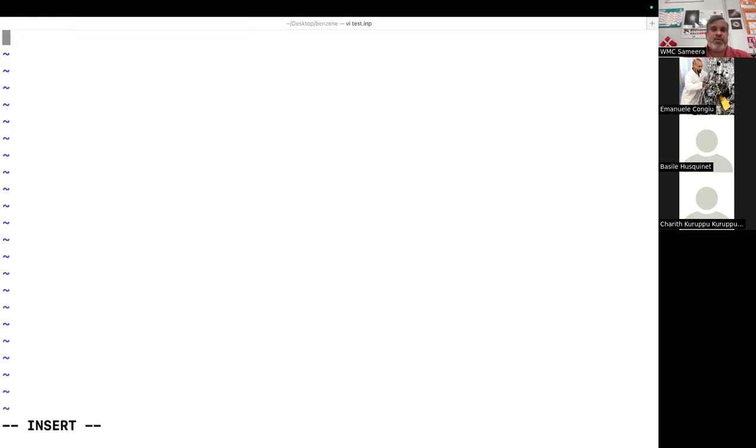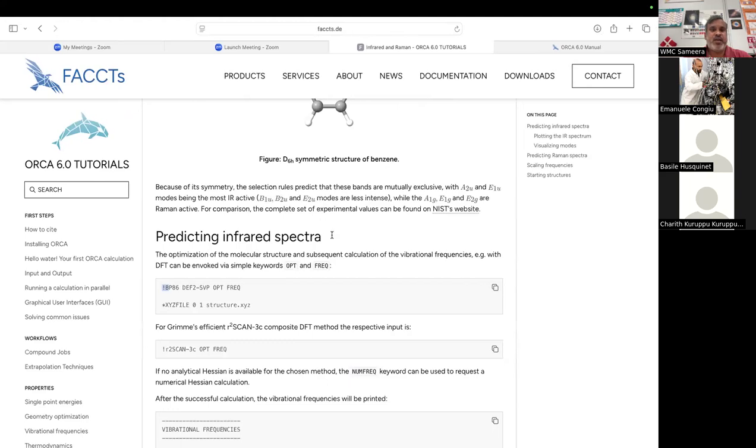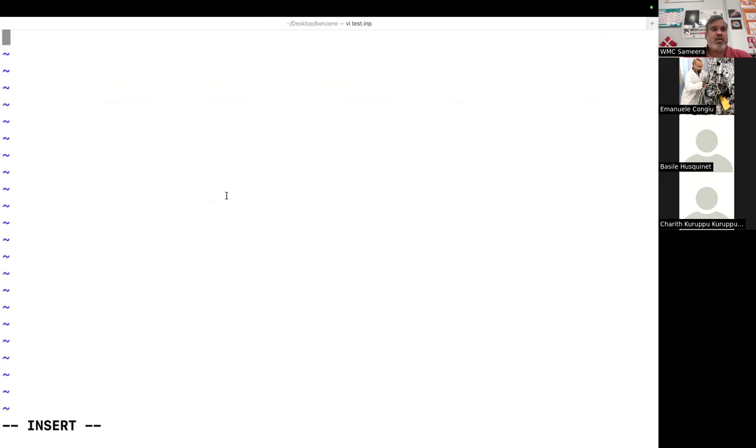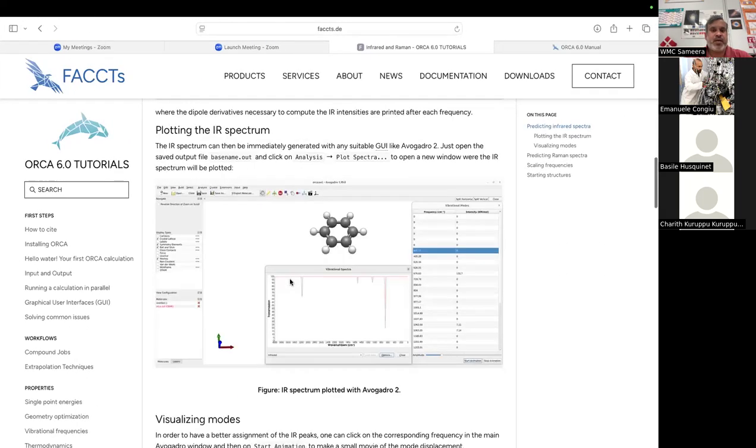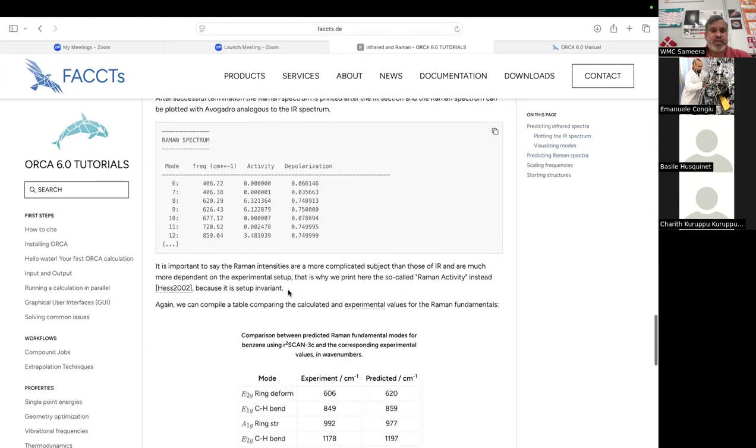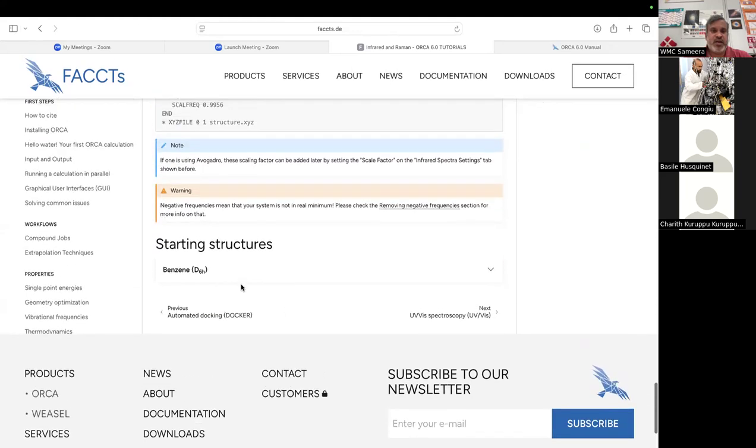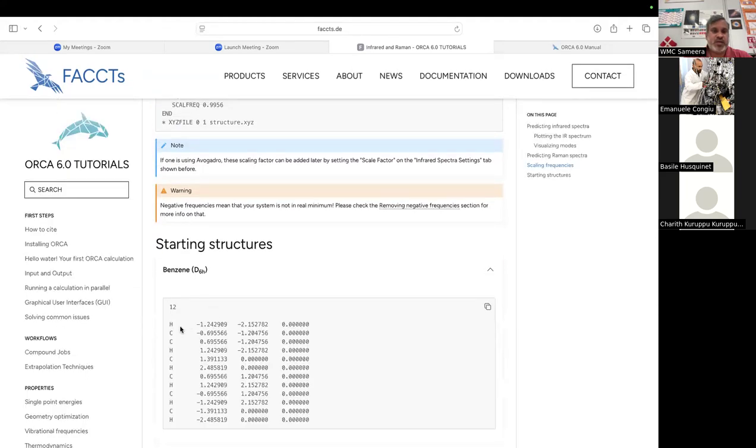So I will prepare the input file. Probably I have the coordinates at the end, yeah, here you have the starting structure, you can get it.